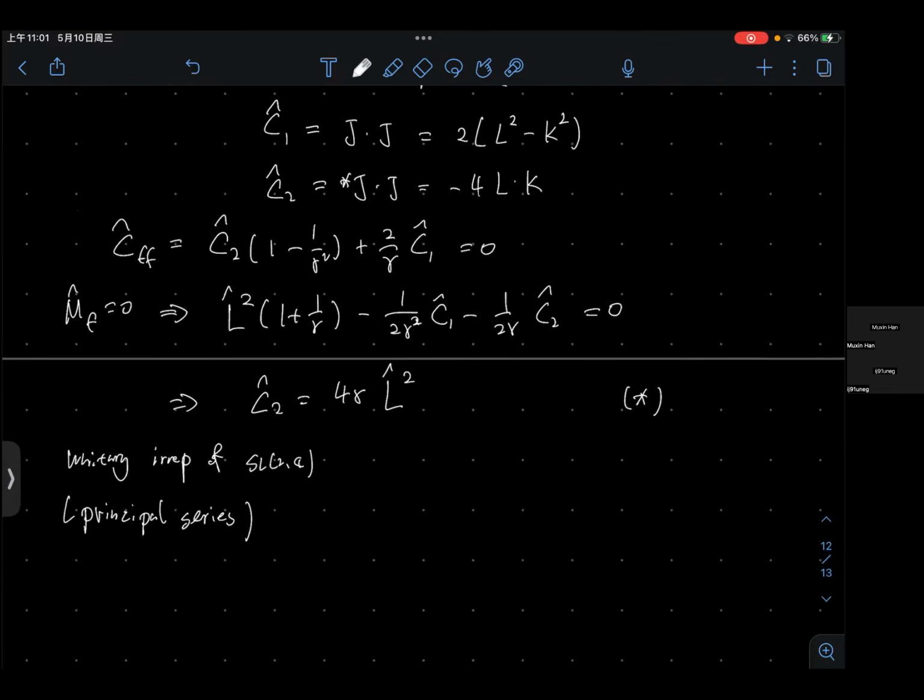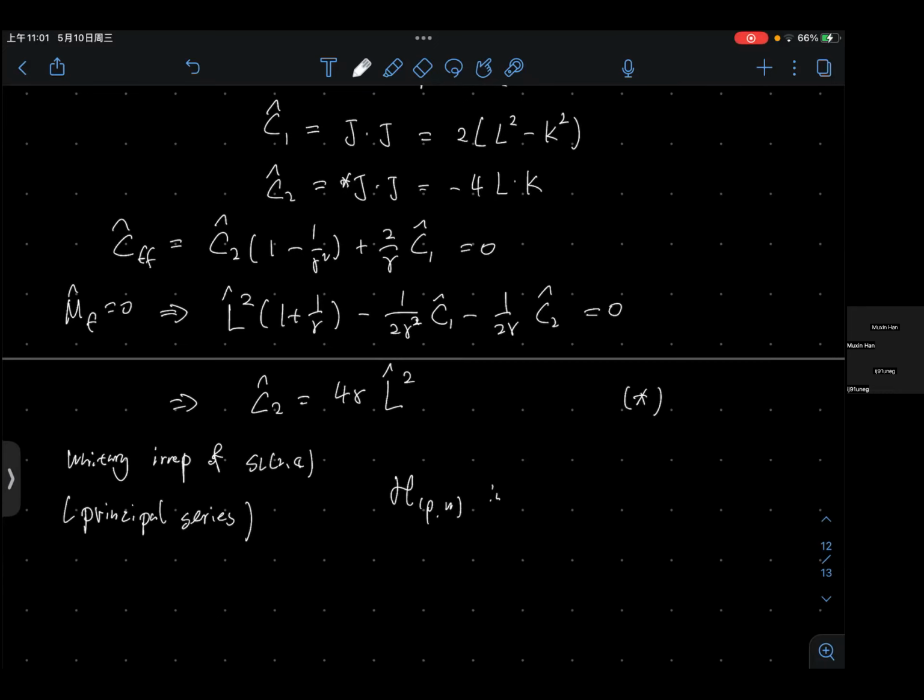For any principal series unitary irreducible representation of SL2C, the carrier space is infinite dimensional. It's a Hilbert space. Why is it infinite dimensional? Because SL2C is a non-compact group, and any unitary irreducible representation of a non-compact group is always infinite dimensional. That's different from SU2.